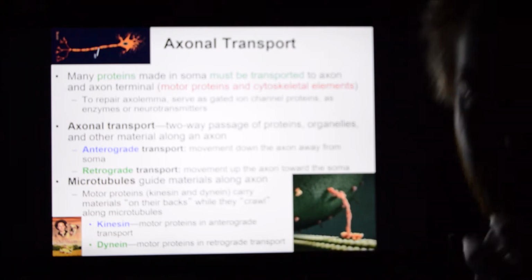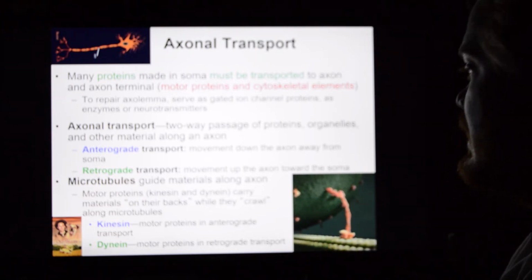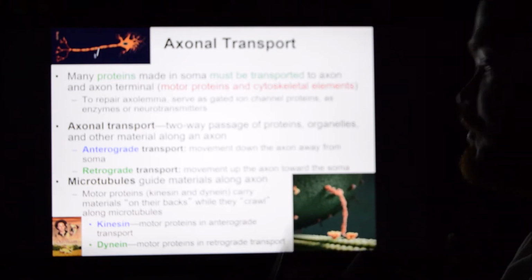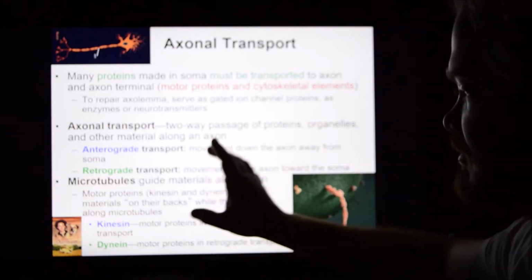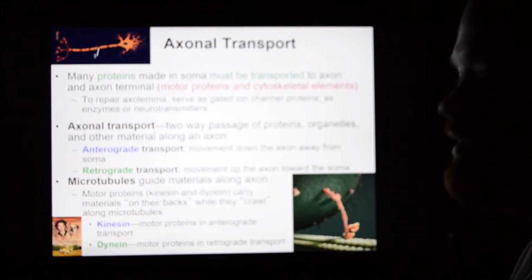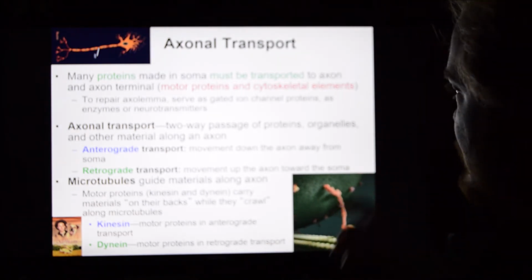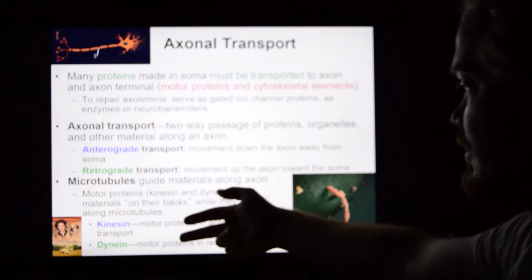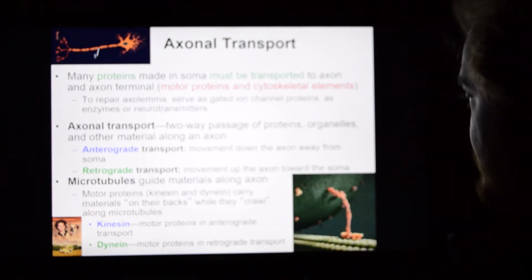It's when the animal gets very aggressive and destructive. It's very slow because moving things down the length of an axon is very, very slow.